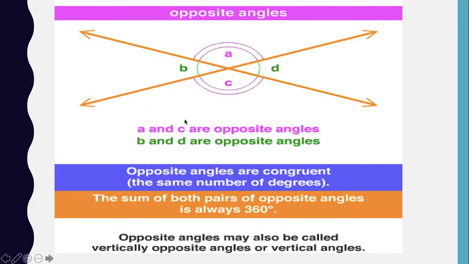The sum of both pairs of opposite angles, all four angles together, will be 360 degrees. Vertically opposite angles may also be called vertical angles, and the sum of these four angles together, or angles at a point, is 360 degrees.